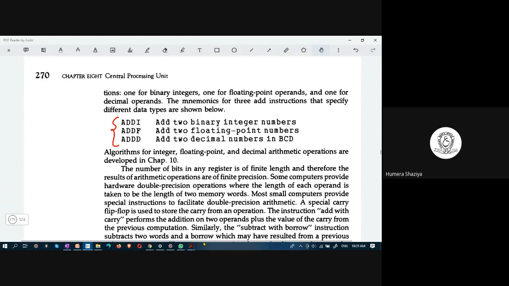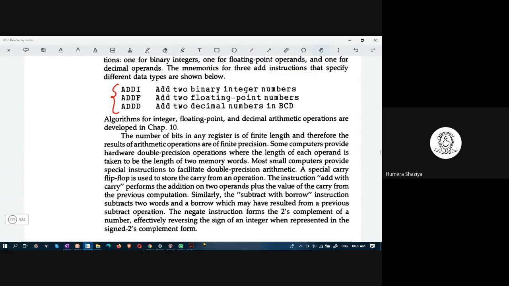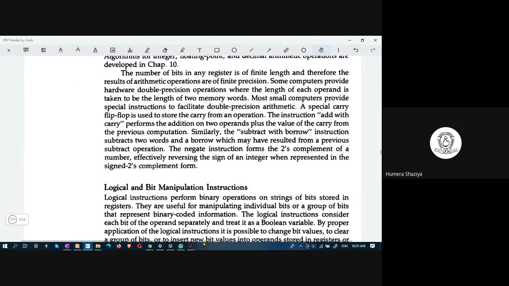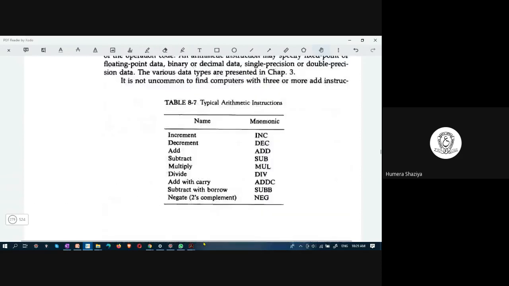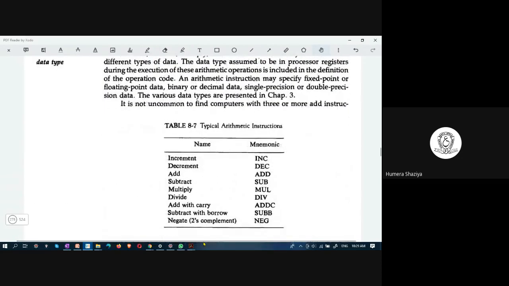ADDI is to add two binary integer numbers, ADDF is to add two floating point numbers, ADDD is to add two decimal numbers in BCD. These are arithmetic instructions.